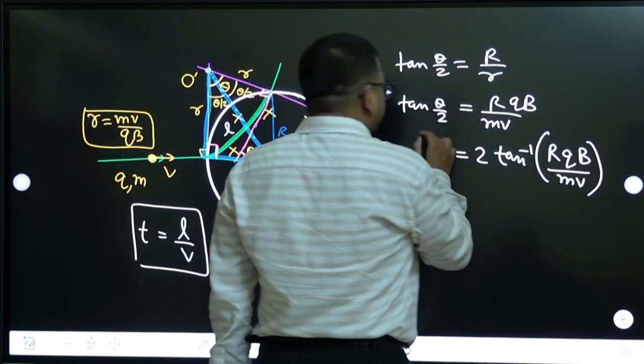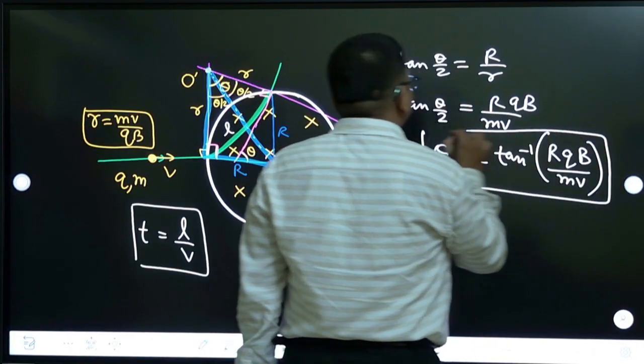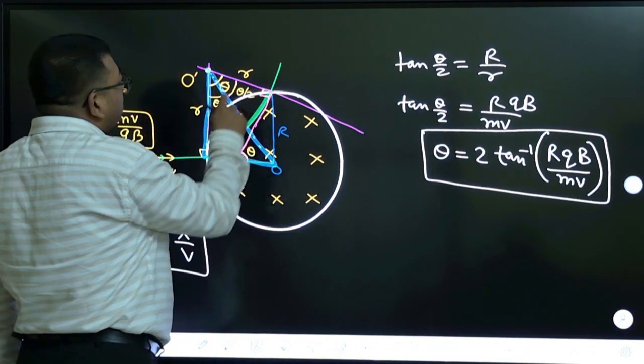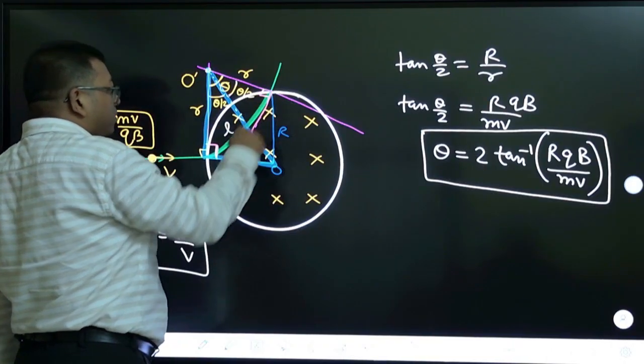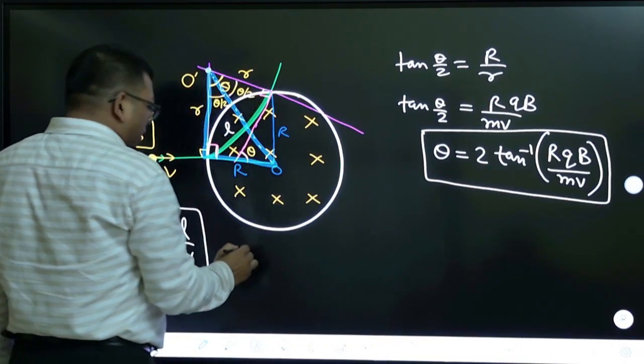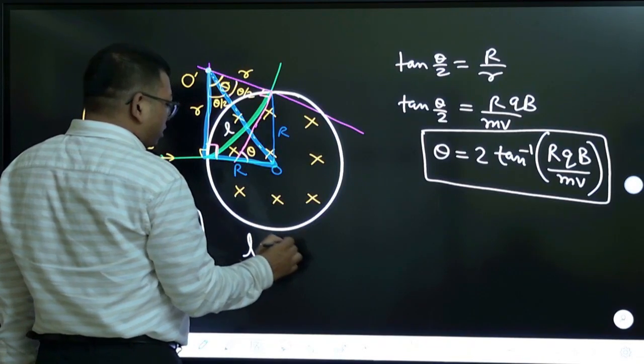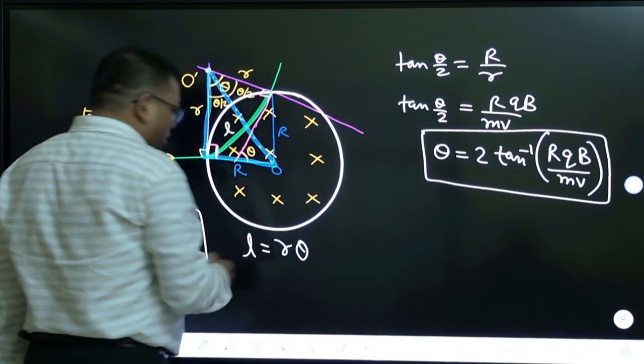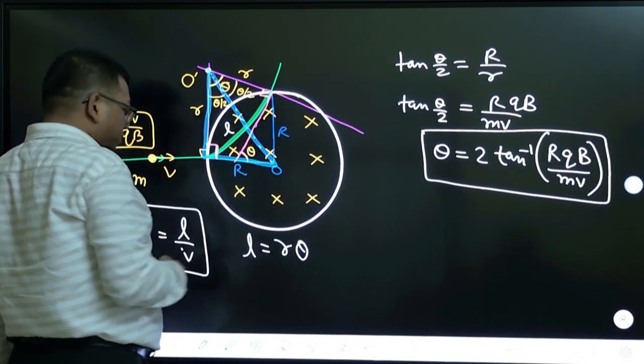Once you got theta, how much the angle is rotated, right? This angle theta is helping us to calculate this arc length. So this arc length is small r into theta. Now theta we know, we can substitute here.